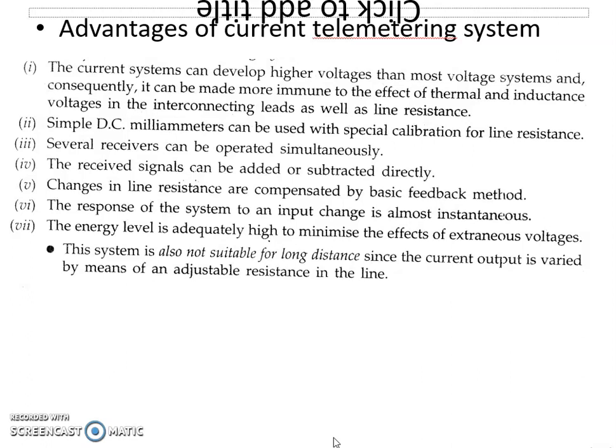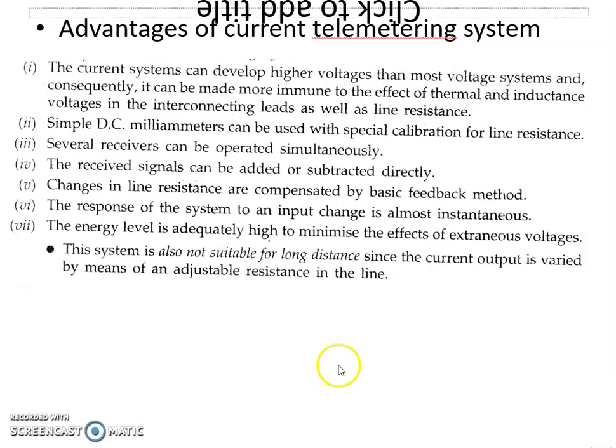Fifth one, changes in line resistance are compensated by basic feedback method. Sixth one, the response of the system to an input change is almost instantaneous. And the last advantage is the energy level is adequately high to minimize the effects of extraneous voltages.